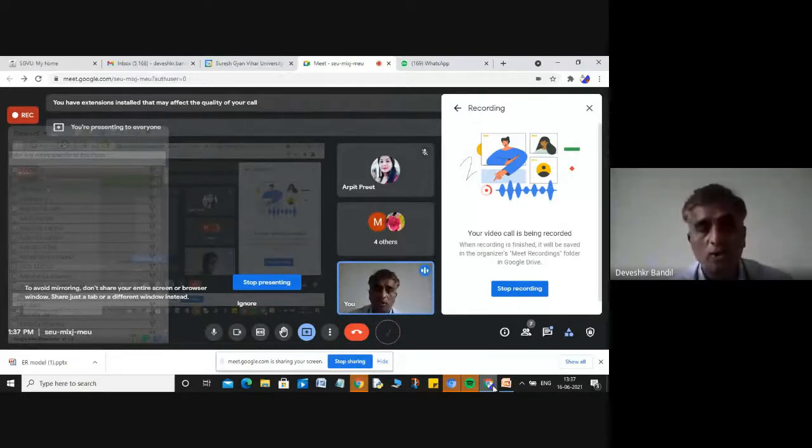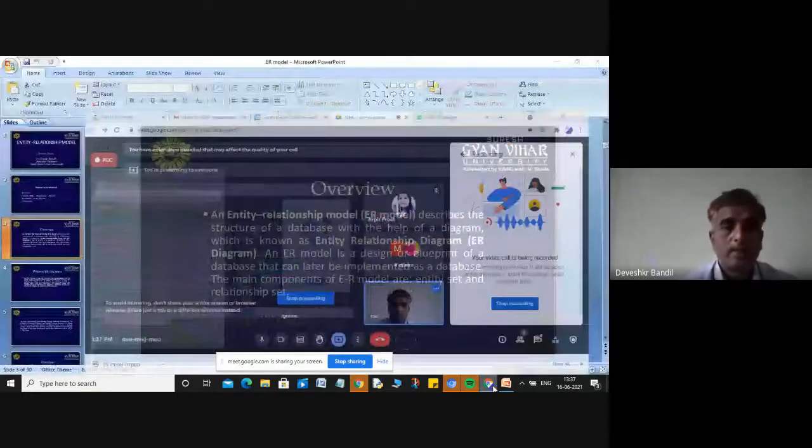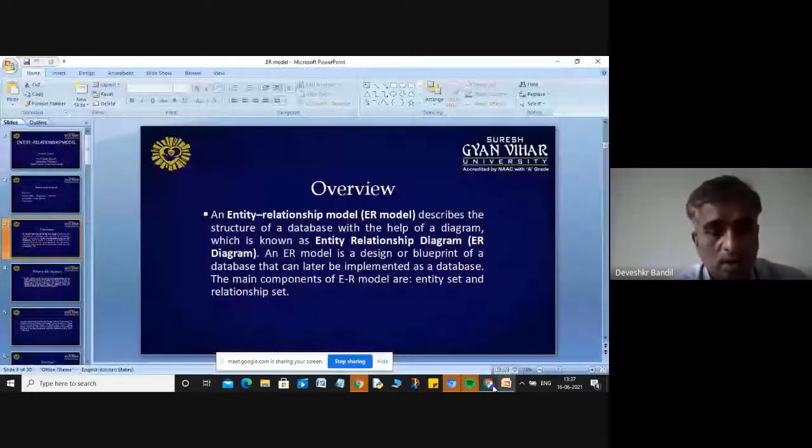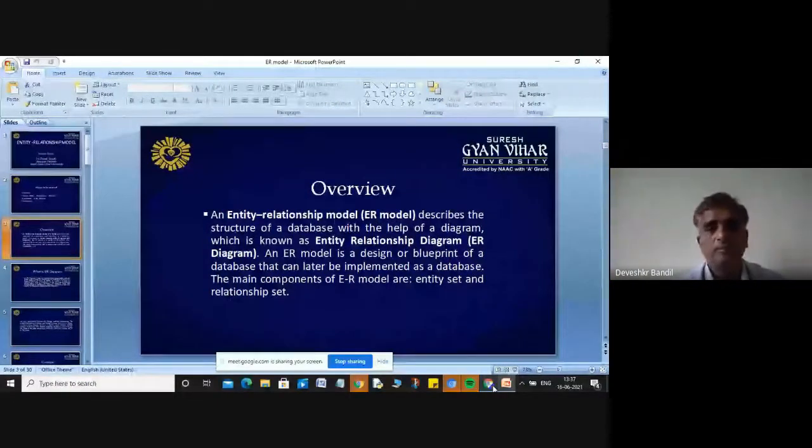That's why the ER model is compulsory. And I had told you ER stands for entity relationship. Also, you can say that the ER model is a design or blueprint of a database that can later be implemented as a database.